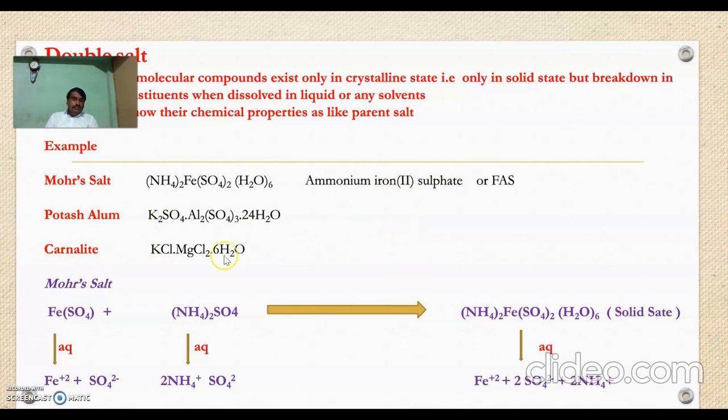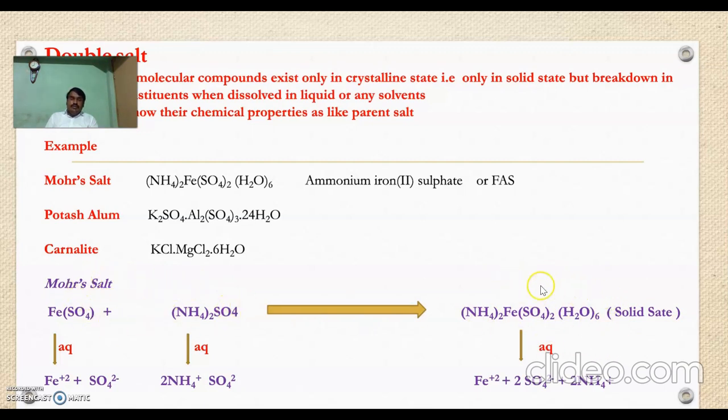So we will discuss the first example, that is Mohr salt. For example, here FeSO4 plus (NH4)2SO4, that is ferrous sulfate plus ammonium sulfate, gives ferrous ammonium sulfate in solid state. In solid state, this compound shows different properties to that of the parent salts.